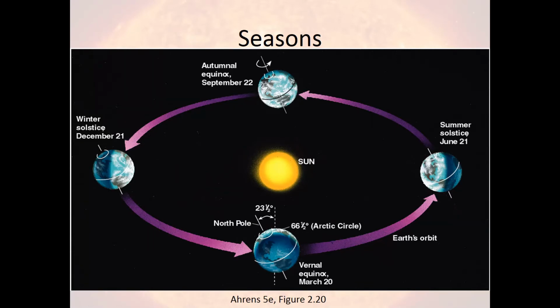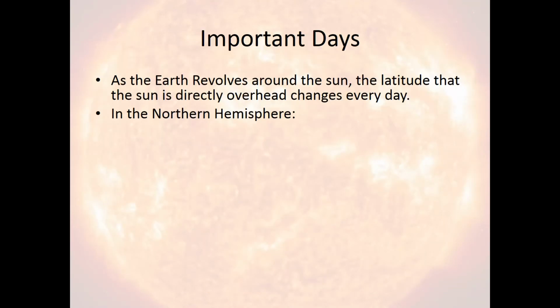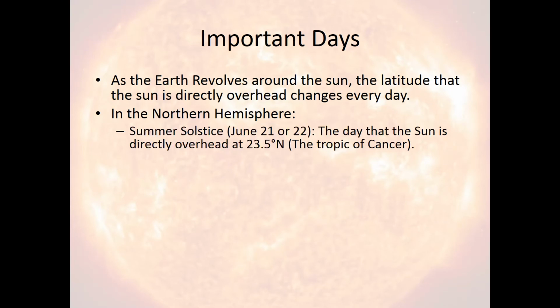So, with this said, there are a few important days that I want you to remember. Now, for the most part in this class, dates aren't important except for on Friday and Saturday night. But for this particular topic, there are a few days that I do want you to know about. Here in the Northern Hemisphere, our summer solstice occurs on June 21st or 22nd, depending on what time zone you're in.